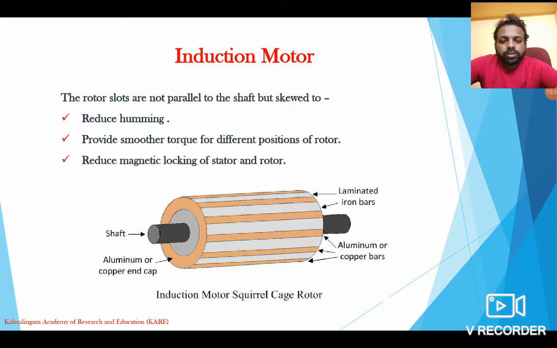So this is the diagram of the squirrel cage rotor type. It has a shaft and then conductor bars. The conductor bars are made with copper and aluminum. And between the gaps we have some insulating material to avoid physical contact between the bars. It has some advantages: it reduces humming, provides smoother torque for different positions of the rotor, and reduces magnetic locking of the stator and rotor.